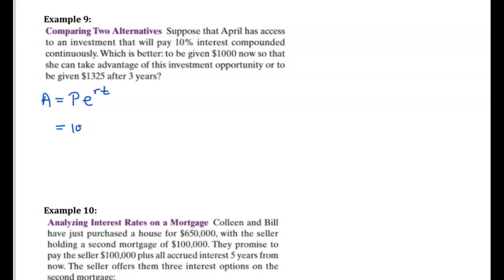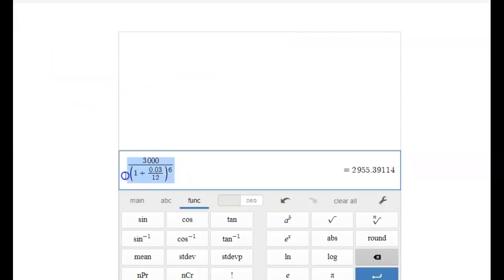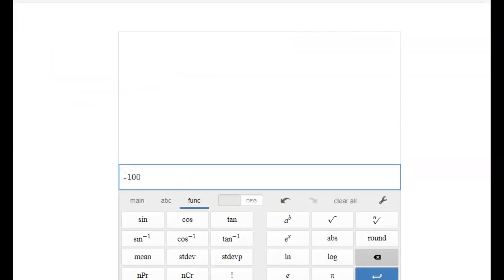Okay, so let's take April and use the continuous interest formula. So she's going to put $1,000 in the bank with 10%, so r is 0.10, and let's see how much she gets after 3 years. Okay, so put that in the calculator. 1,000 e to the power 0.1 times 3. $1,349.86.